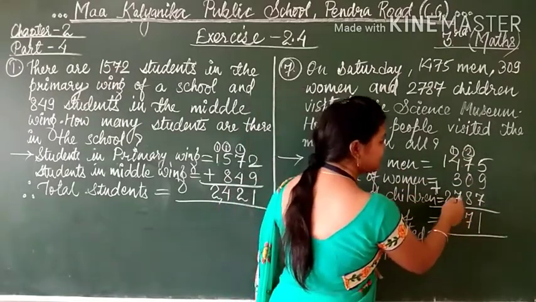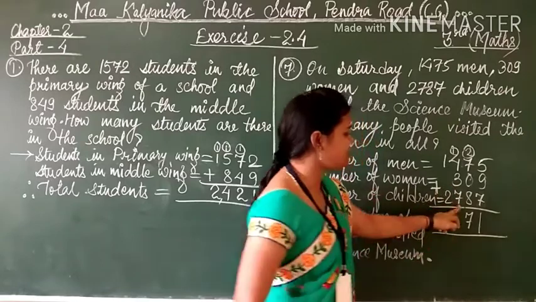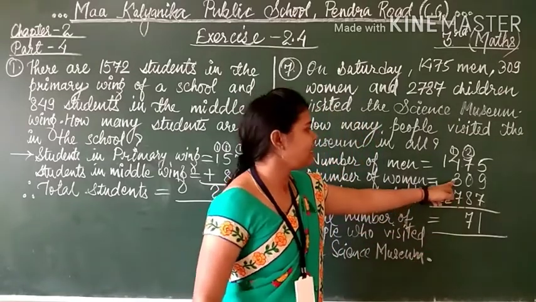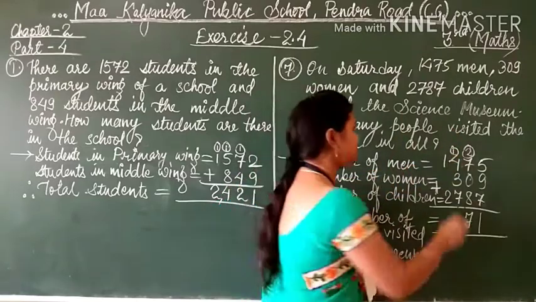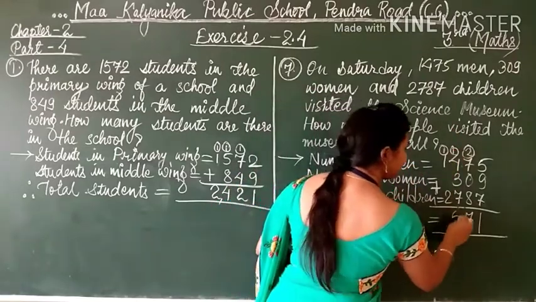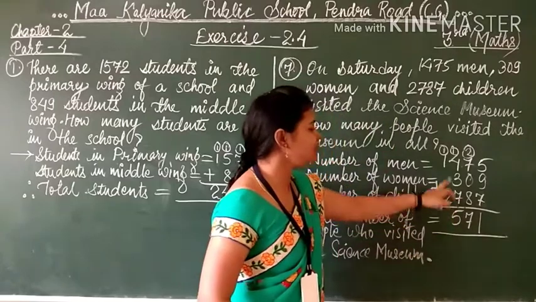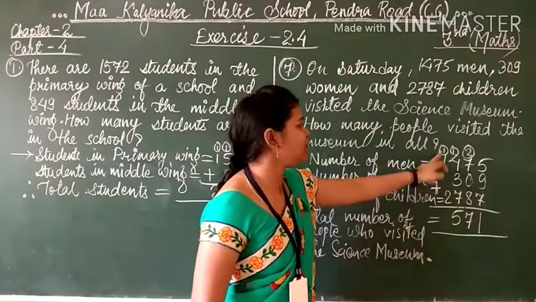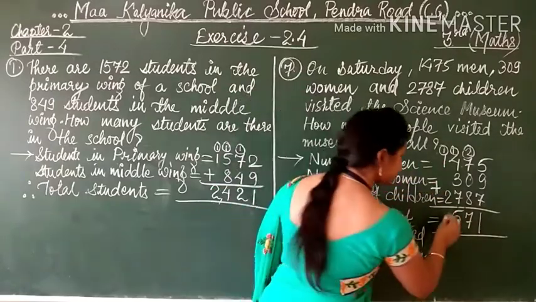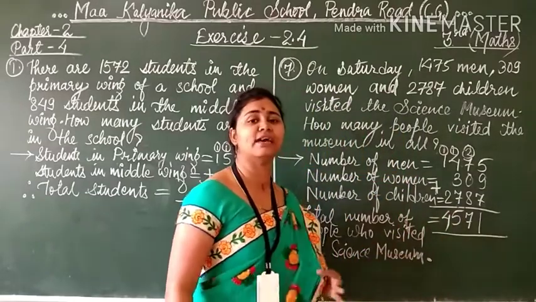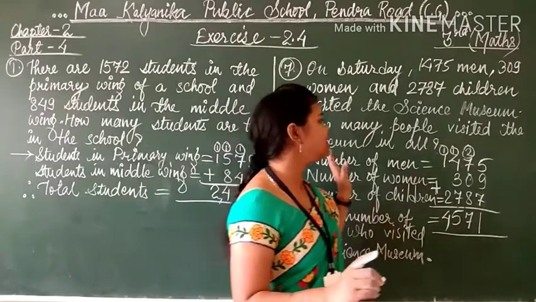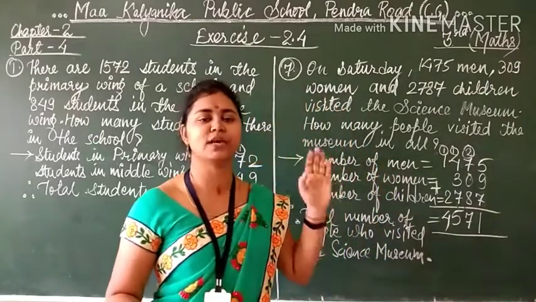Now 7 plus 3 is 10. 10 plus 4, 14. 14 plus 1, 15. So now 2 plus 1, 3. 3 plus 1, 4. So 4,571 people visited the Science Museum in all.